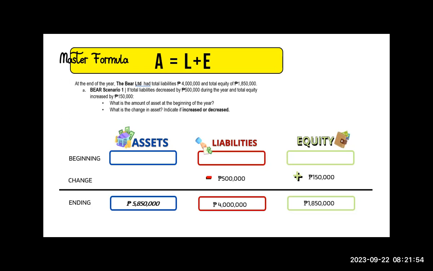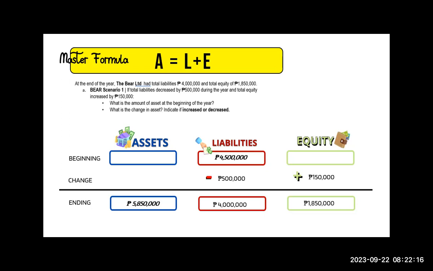From there, we can then solve for the ones sa beginning. Alam natin na 4 million siya, but during the year, it decreased by 500,000. So ang knee-jerk reaction nyo would be to subtract 500,000 to 4 million. But mali, pabaliktad, right? Because it's beginning to end. Therefore, it's actually 4.5 million at the start.